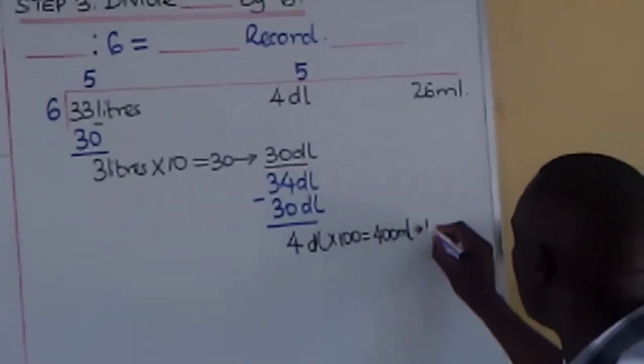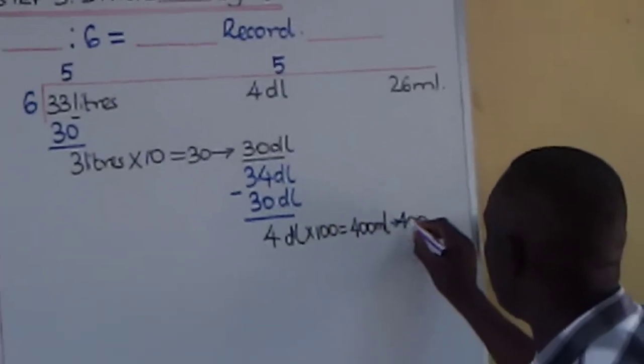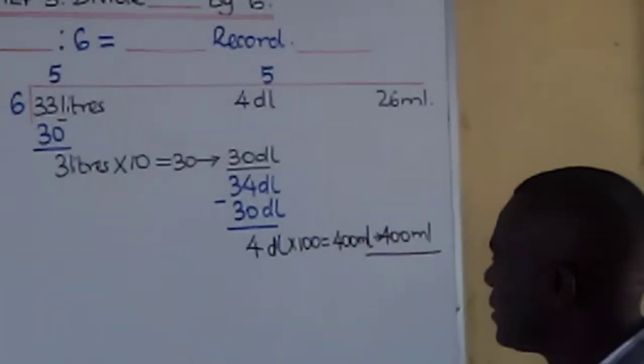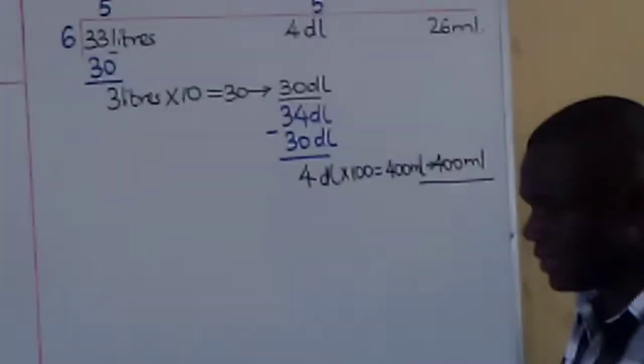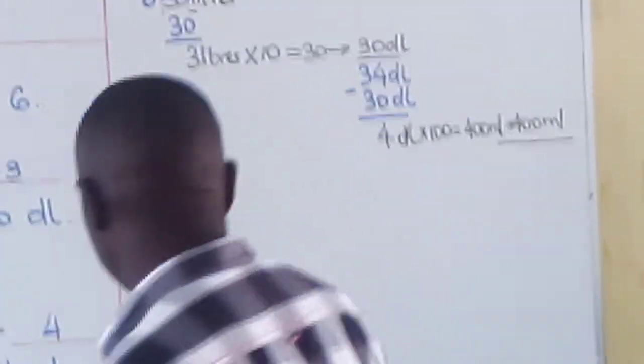So we bring it here and add 400 milliliters to 26. What do we get when we add 400 milliliters to 26?